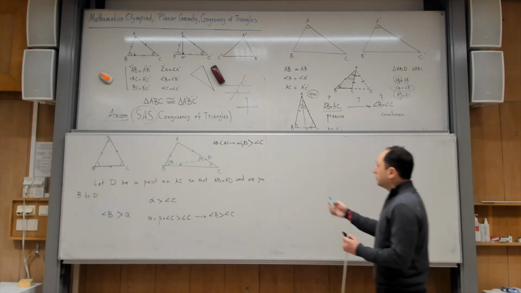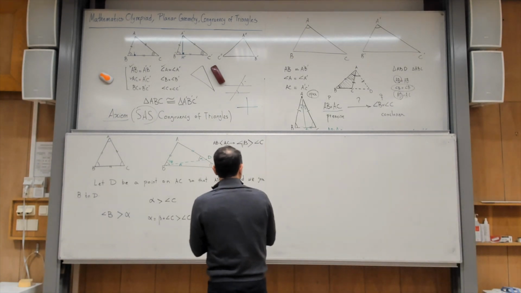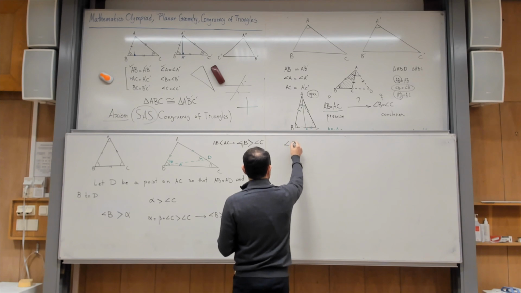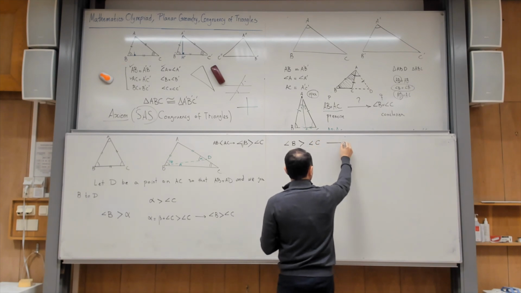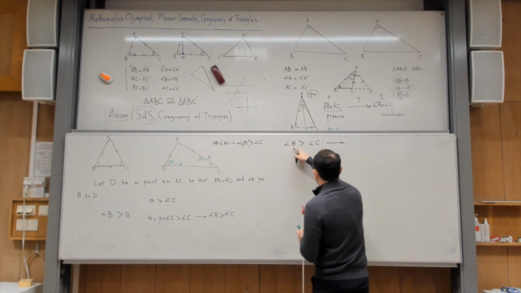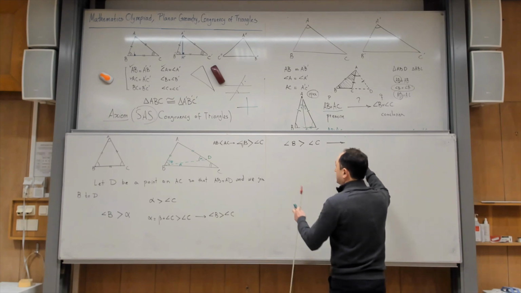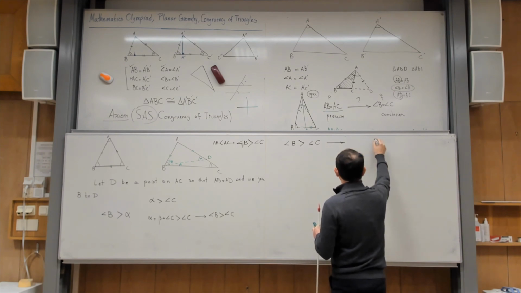Okay, now, what do you think will happen? If someone tells me angle B is greater than angle C, do you still believe that I can conclude the side opposite to B, which is AC, is also greater than AB?